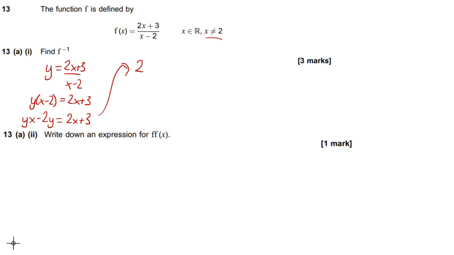So I've got yx minus 2x is equal to 3 plus 2y. Factorize. And then finally divide.